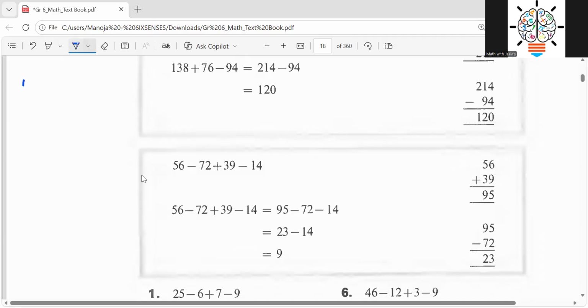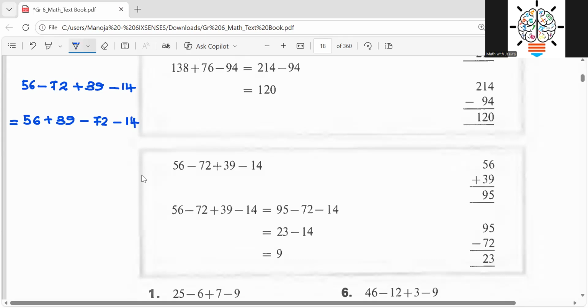You just see that if you have 56 minus 72 plus 39 minus 14, what you are supposed to do? First, you write 56 and 39 closer because both of them are positive numbers. Then you get 72 minus and 14 minus, right?